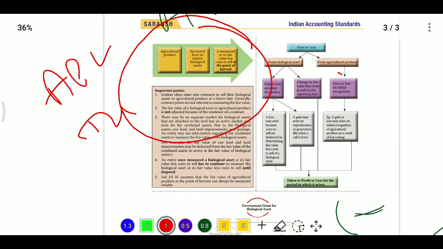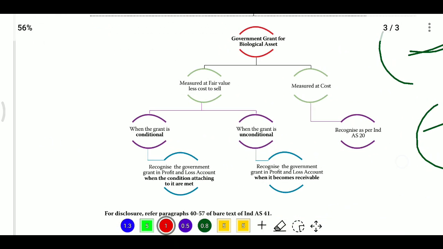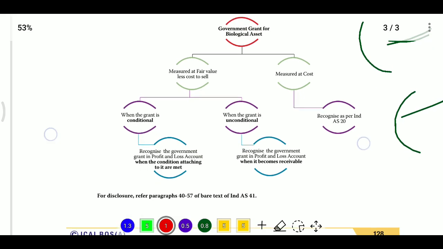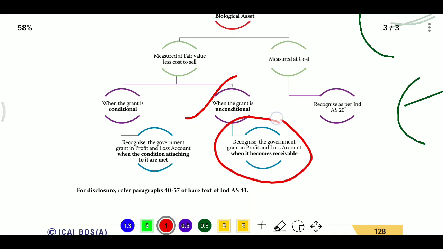Now, if the asset relates to a government grant for a biological asset, and the grant is unconditional and non-refundable, then simply transfer it directly and immediately to the profit and loss account.